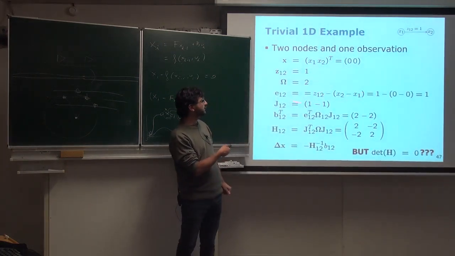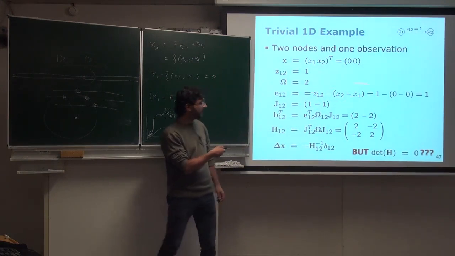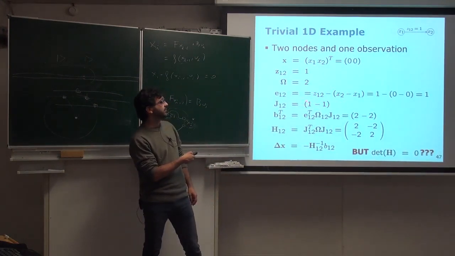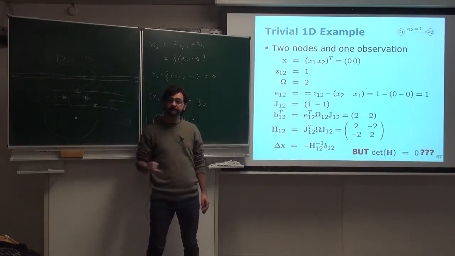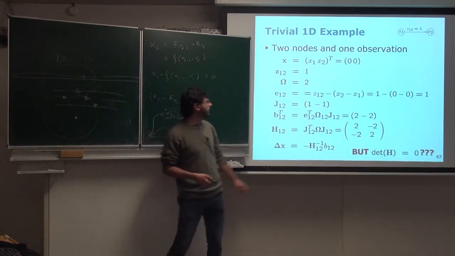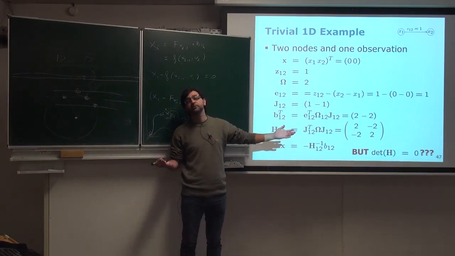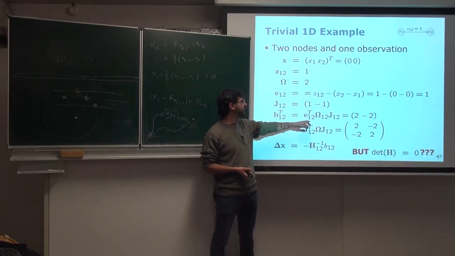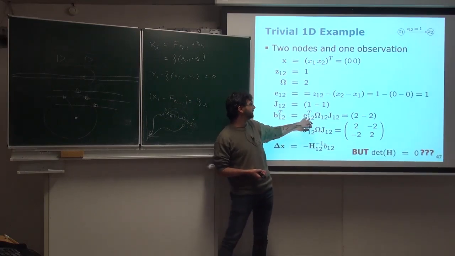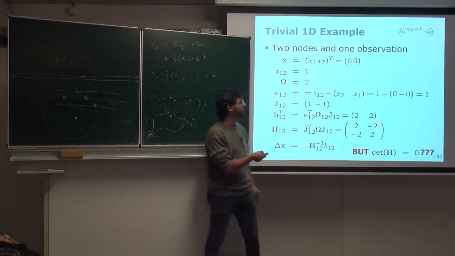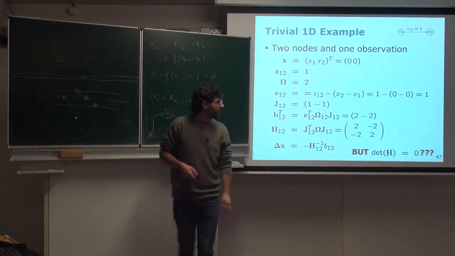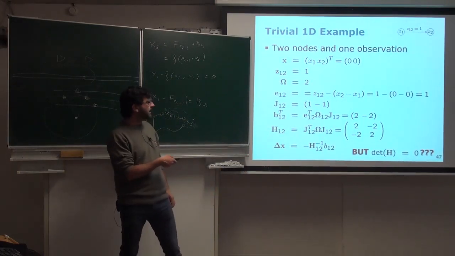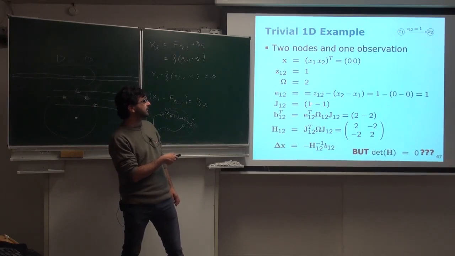So if we take the Jacobian of this error function, we get that the Jacobian is 1 and -1. We now build up our system, so we have only 1 measurement, so we can only compute once. And by multiplying E, omega, and J, we get 2 and -2. This comes from the fact that omega is 2. This is our J. Multiplied by 2, you get 2 and -2.